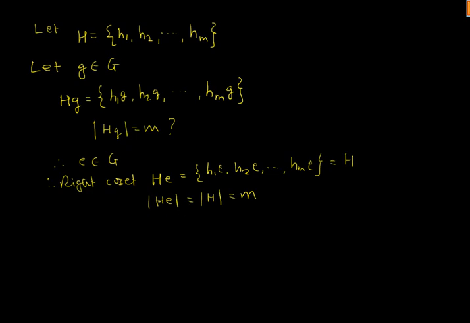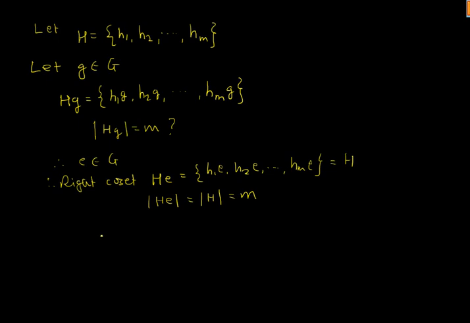Hence we can say that the number of elements in the right coset He is m. Now we know that there is a one-to-one correspondence between any two right cosets of H in G. This lemma we have proved. And therefore the number of elements in this coset are equal to the number of elements in this right coset. Therefore, according to that lemma, what is that lemma?